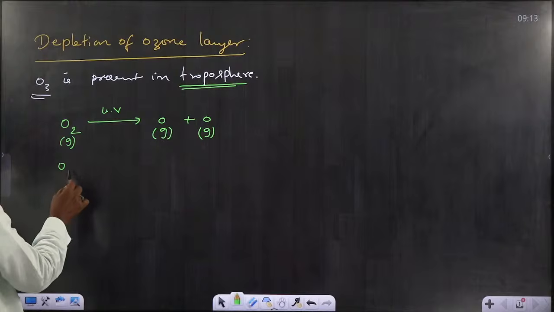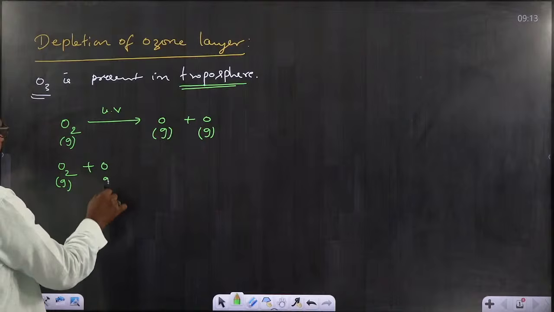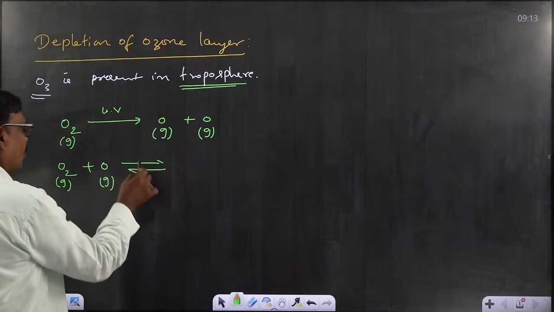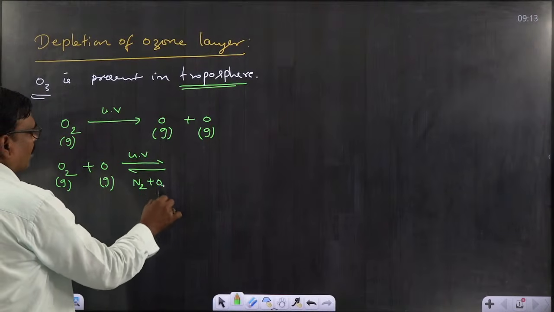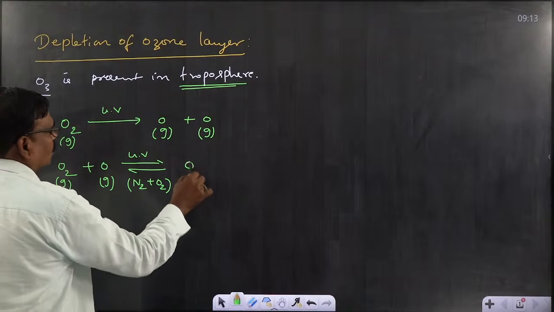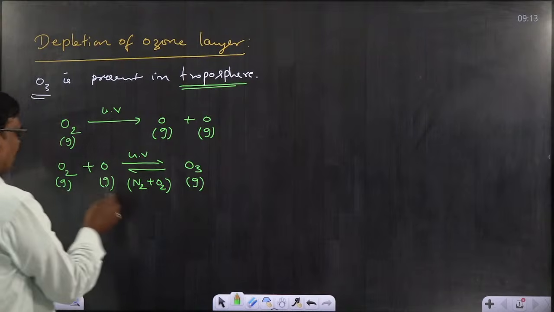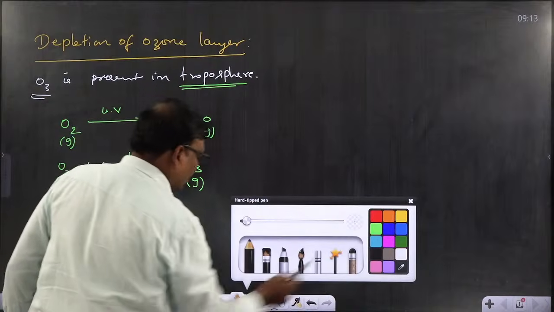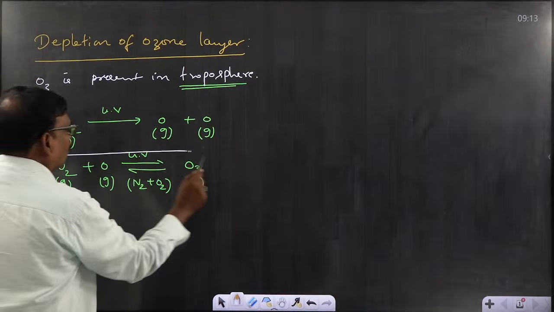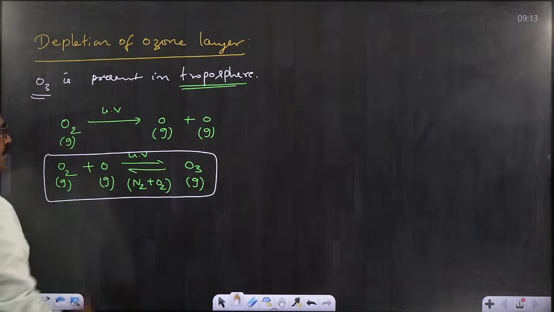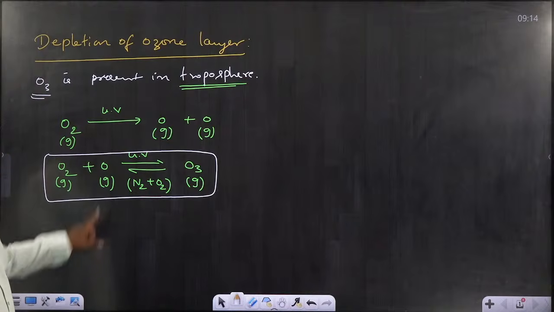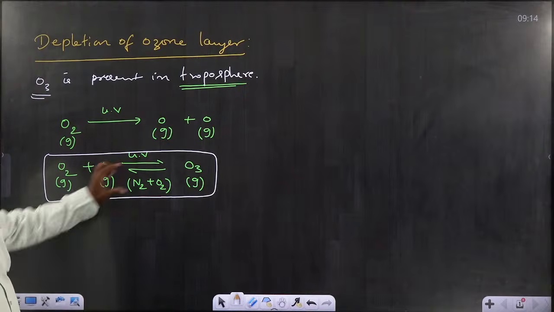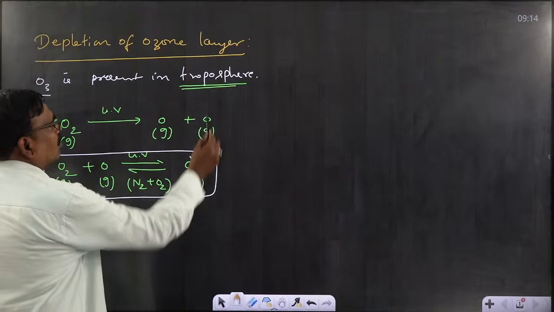Now that atomic oxygen will combine with another oxygen molecule in the presence of UV radiations and a mixture of N2 and O2. It produces O3 gas. Here there exists an equilibrium between oxygen and ozone, because ozone is highly unstable, and it will be dissociated to produce an oxygen molecule and atomic oxygen. In this way ozone is present in the atmosphere.